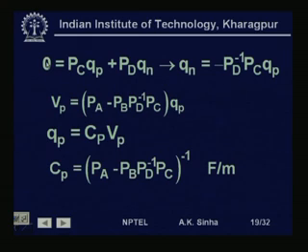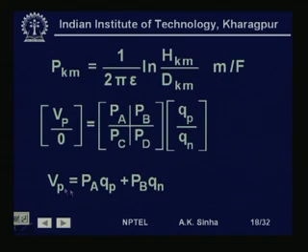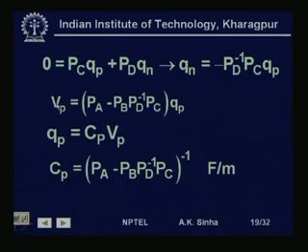So, this becomes minus P c Q p is equal to P d Q n, and again pre multiplying both sides by P d inverse, we will get Q n is equal to minus of P d inverse into P c into Q p. Now, if we substitute the value of Q n into this equation, then we will get V p is equal to P a minus P b into P d inverse P c into Q p.